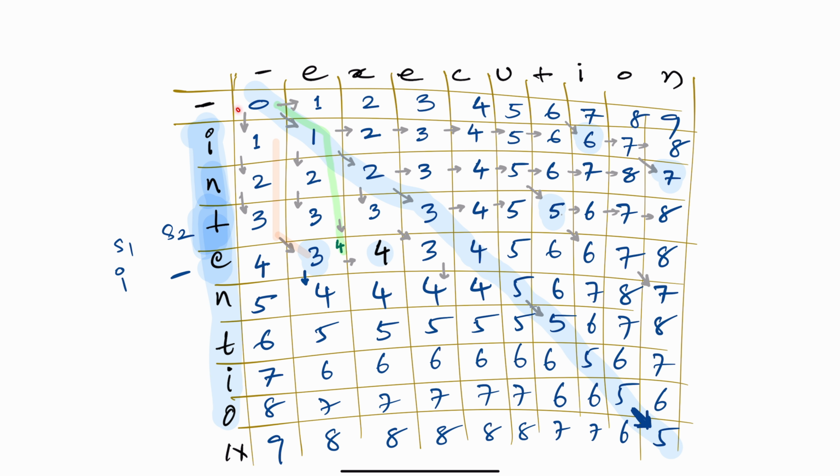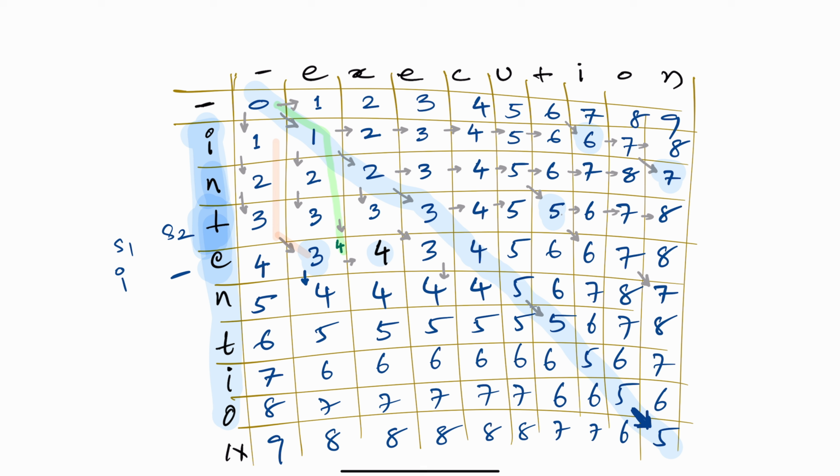Now if you go with this path, this O, I am deleting everything. And if I follow this path, then I need to replace O with E, which is plus 1 operation. It will be 8. If I follow this path, it will be 7 operations, because I already replaced I with E. Consider I am going to follow this path.